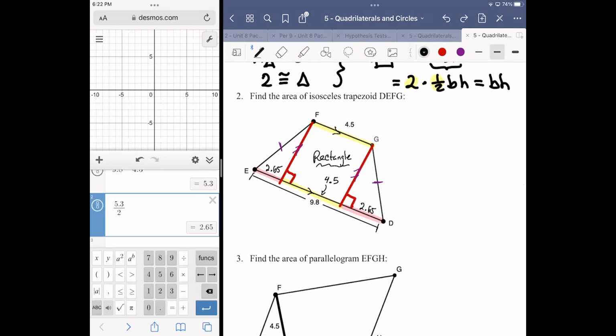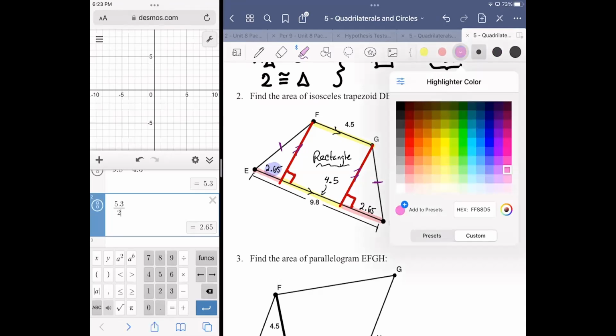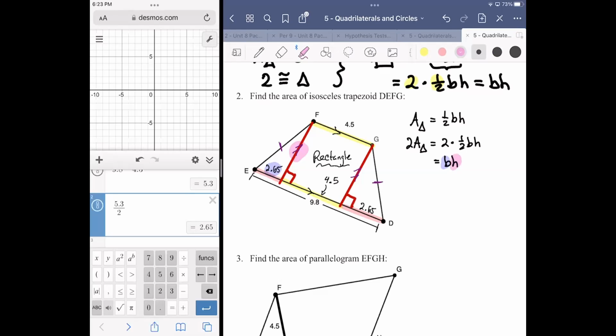And that's what we would need to know in order to figure out the area of this trapezoid. Right? So if I take the area of that first triangle, half the base times the height, and I multiply it by 2, so 2 of those triangle areas, I'll get 2 times half the base times the height, which is going to be base times height, right? But just bear in mind that the base I'm referring to would be this base, and the height that I'm referring to would be whatever this height is, right?